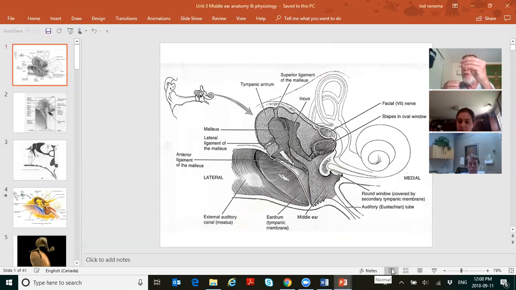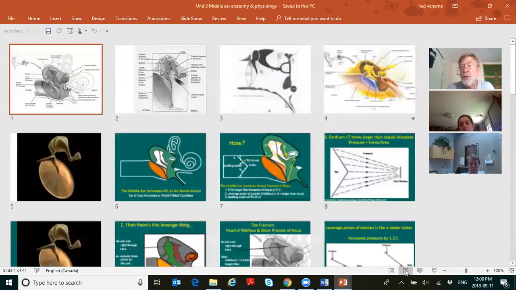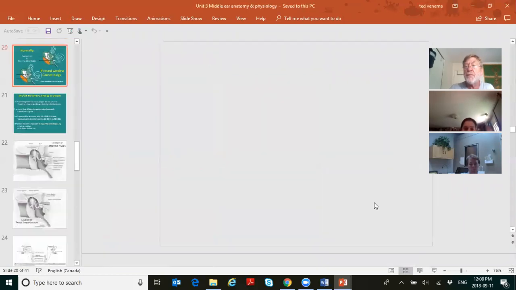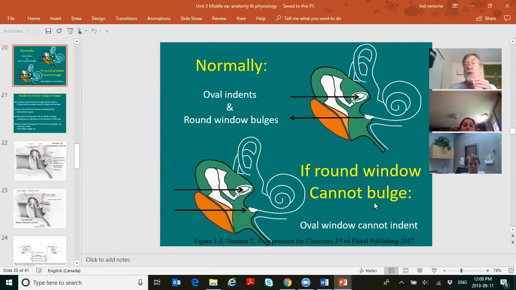When one pushes in, the other can't push out because of the pus all filling this area. It's not going to allow the round window to bulge. So those who indulge bulge. You have lost that interactive action here. So if the round window cannot bulge, the oval window cannot push in.